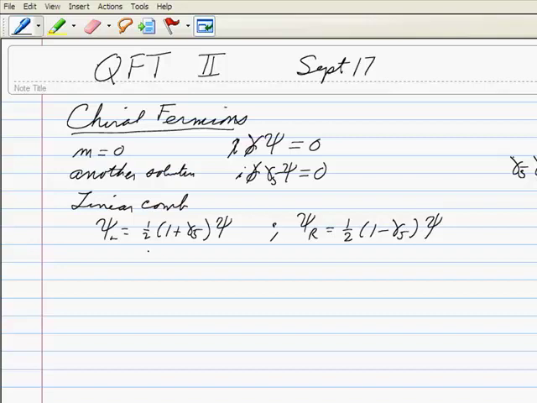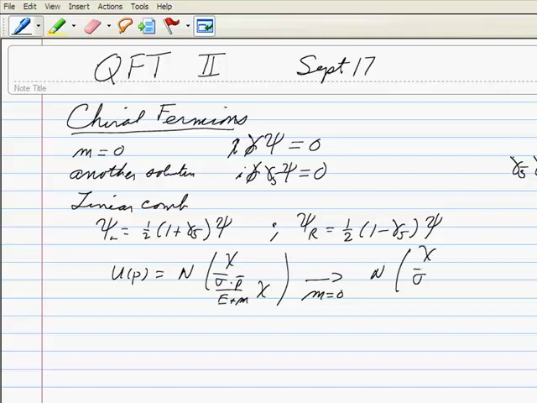If you look at them, remember u of p is some normalization, which doesn't concern us right here, times chi, sigma dot p over E plus m chi there, but as m goes to 0, this turns into chi, sigma dot p over p chi.